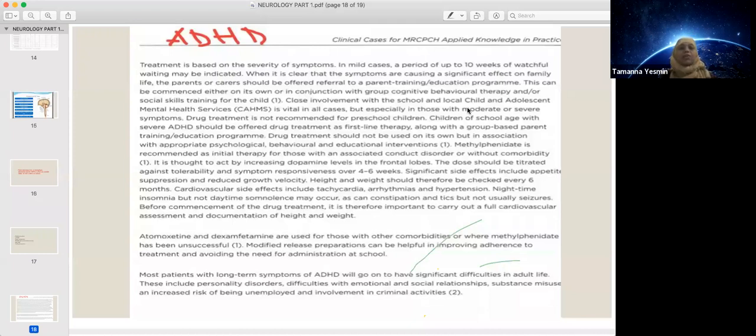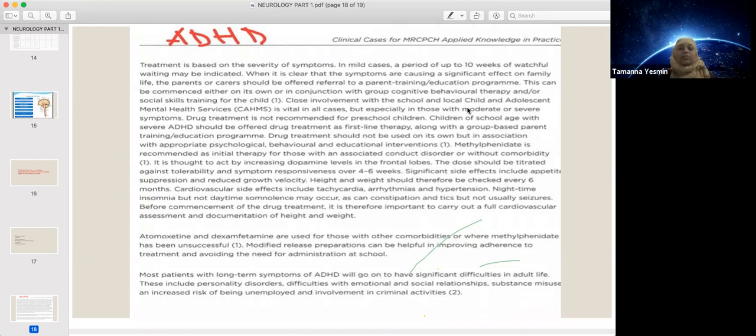There are some other side effects like cardiovascular ones: tachycardia, arrhythmia, hypertension, insomnia at night but not at day. Tics, constipation but not seizure. There is no seizure but there are tics and constipation. So these are the side effects. And what is the mechanism of action? It increases dopamine level in the brain.